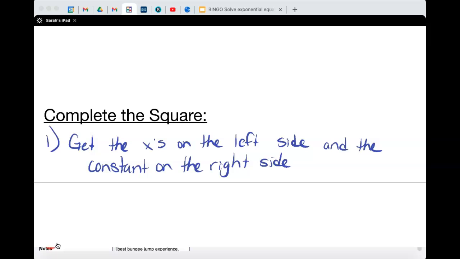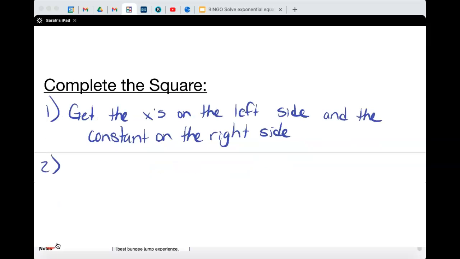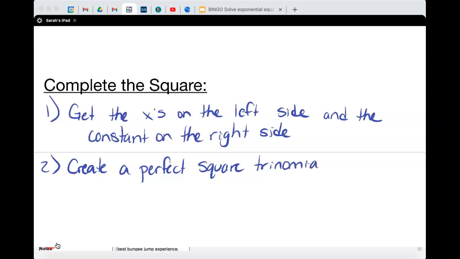These are the steps that we're going to do for our next example. To complete the square, we need to create a perfect square trinomial. So step number 2, we're going to create a perfect square trinomial by finding what I'm going to call the C value.